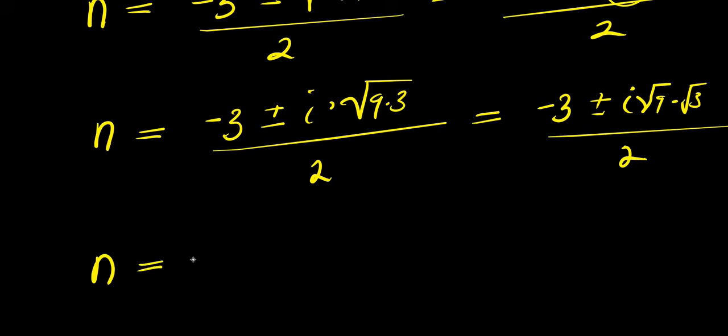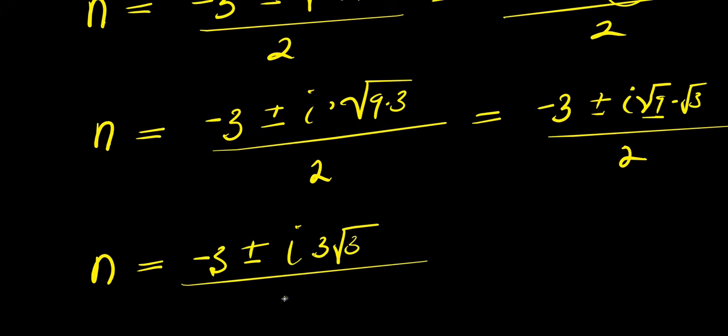From here, we have n equals negative 3 plus or minus i times square root of 9, that is 3, root 3, divided by 2.